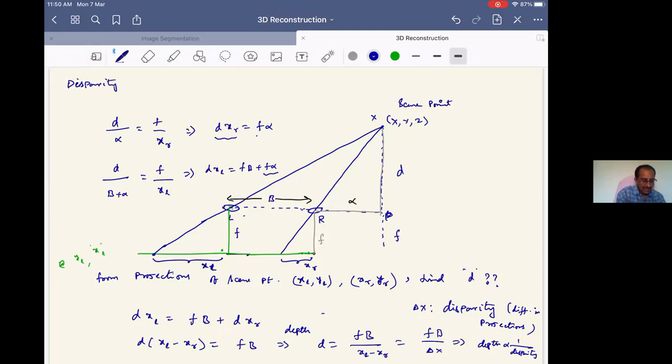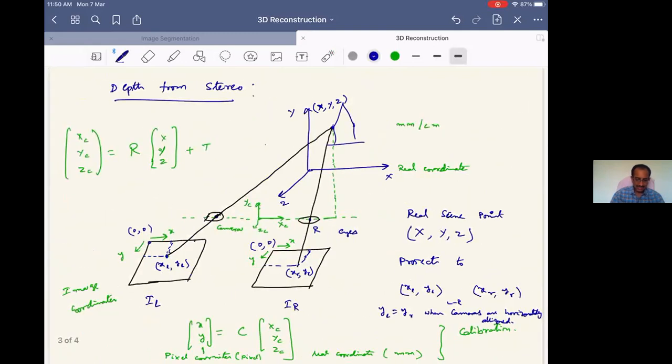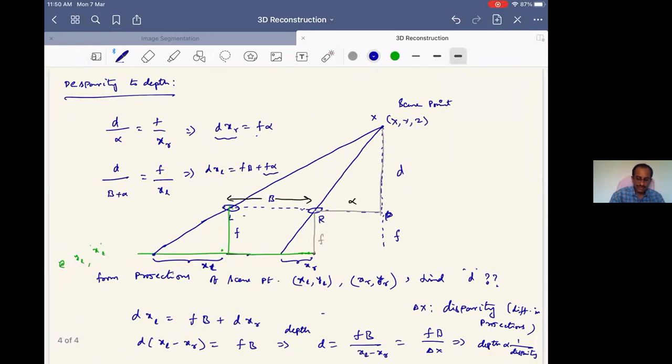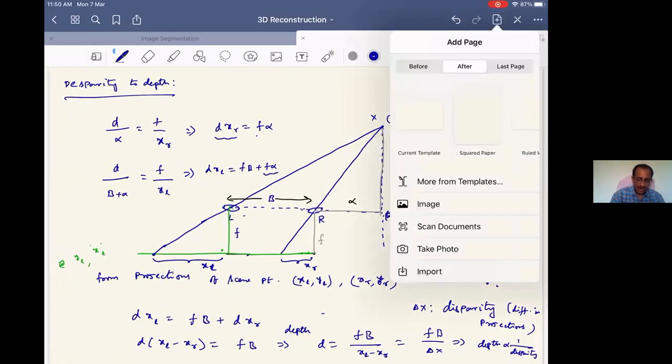This is usually referred to as disparity analysis in images, or disparity to depth. So if we wish to find the depth information, what should we do?